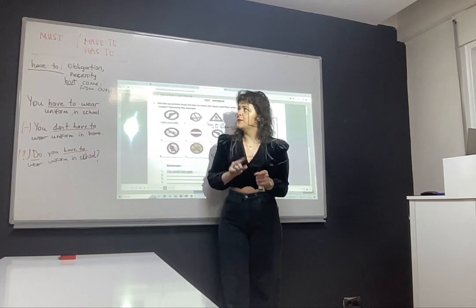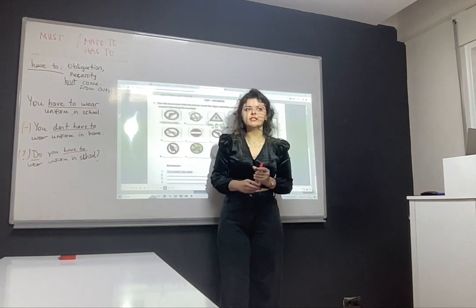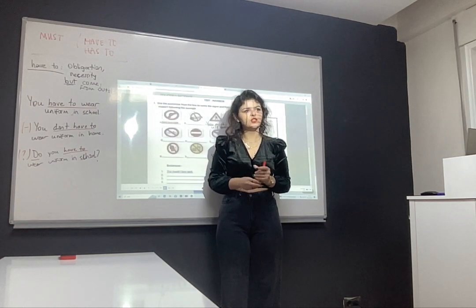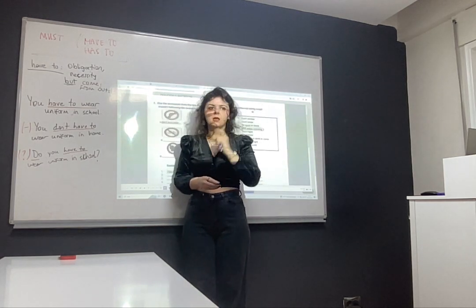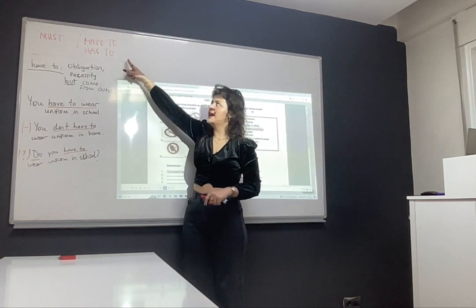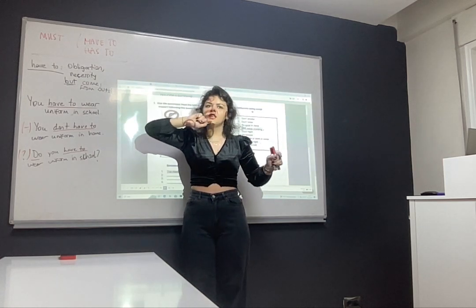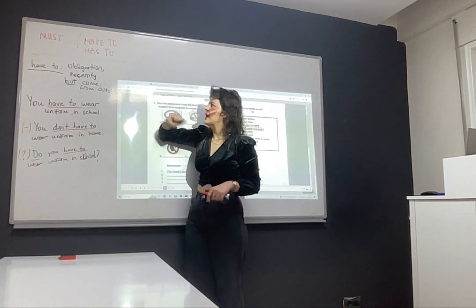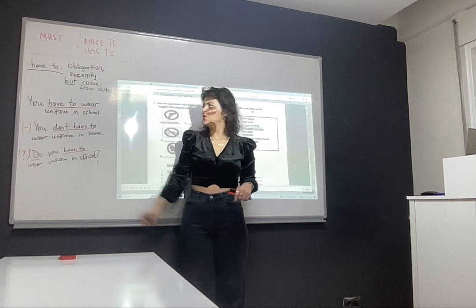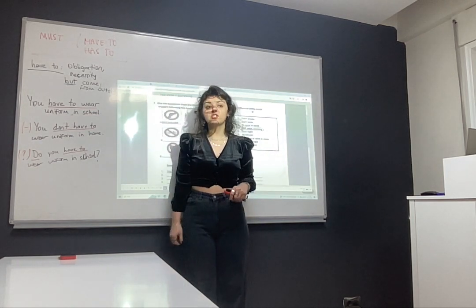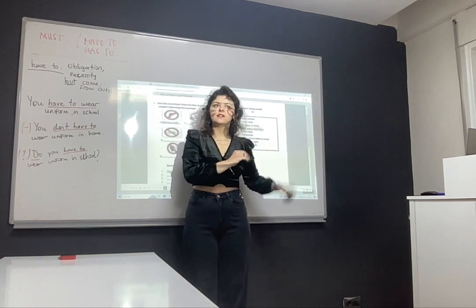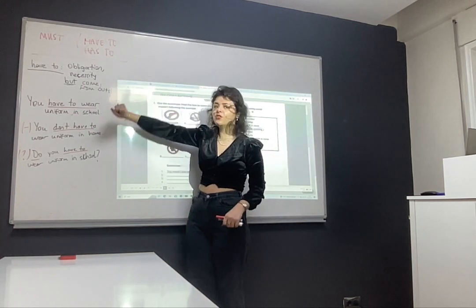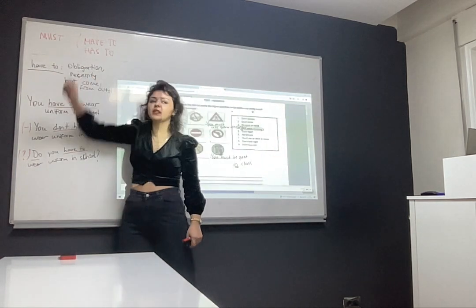What is the difference between must and have to? For must, yes, this is also an obligation, but the obligation comes from the speaker. For have to, or has to for he, she, it, the obligation comes from outside. Also, for obligation in the past, we can use have to, but we can't use must, okay?